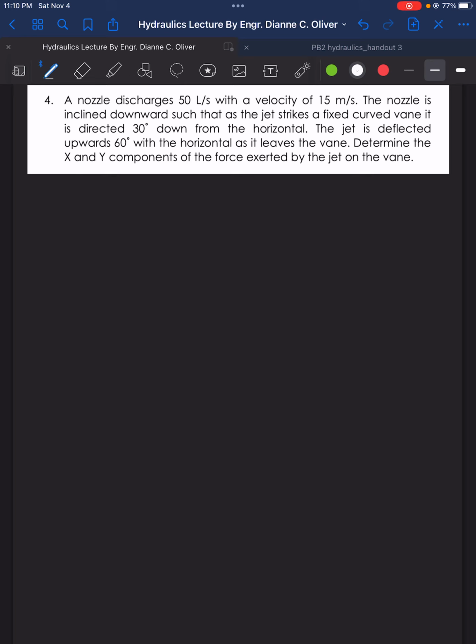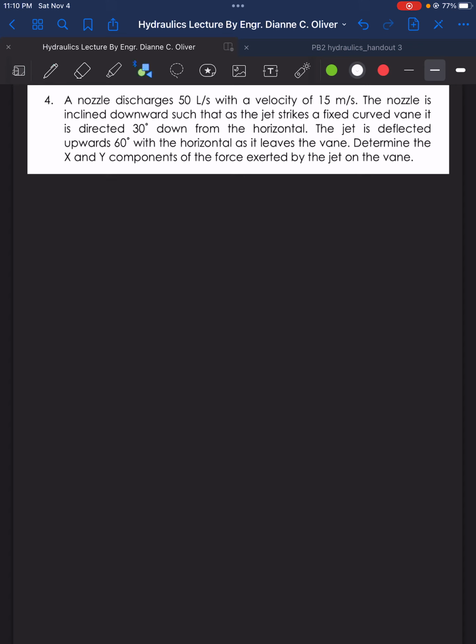The nozzle is inclined downward such that as the jet strikes a fixed curved vane, it is directed 30 degrees down from the horizontal. The jet is deflected upwards with the horizontal as it leaves the vane. Determine the x and y components of the force exerted by the jet on the vane.